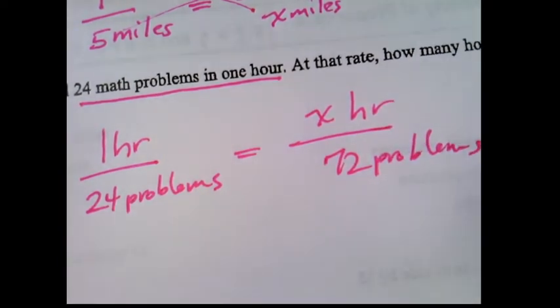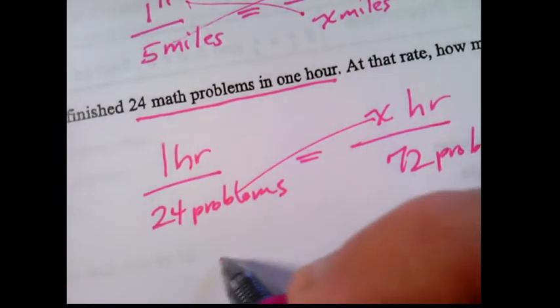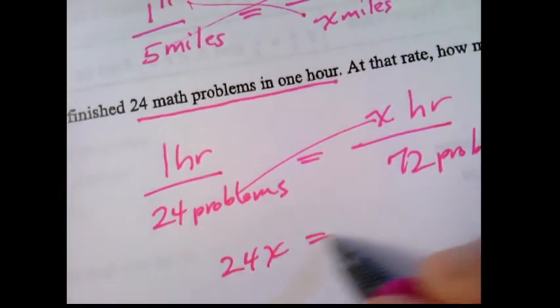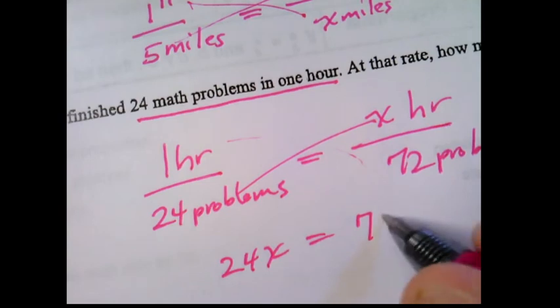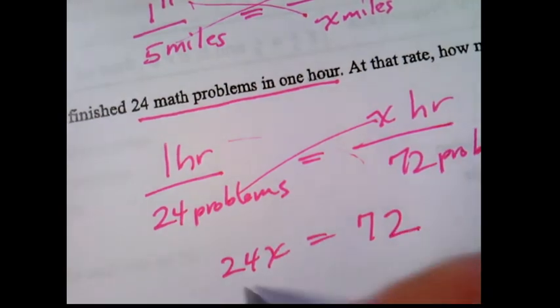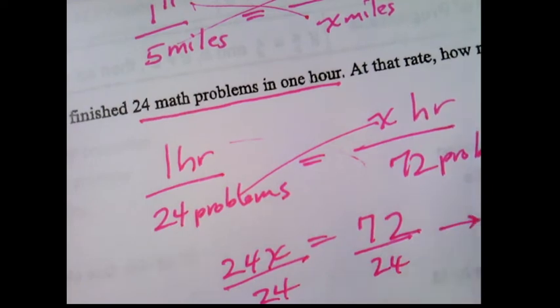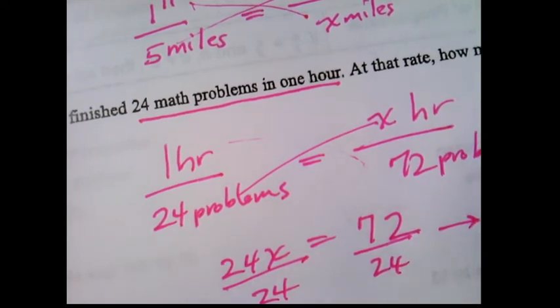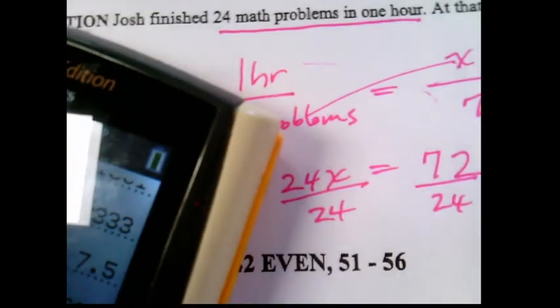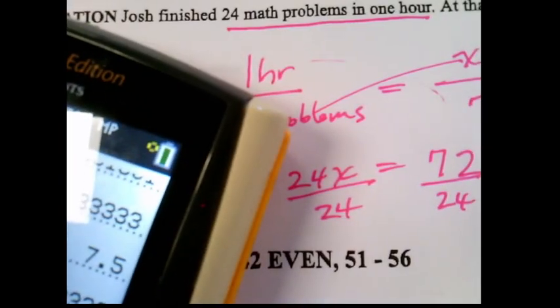Okay. So if I cross multiply, I get 24x is equal to 72. And then if I divide by 24, I get x is equal to, I believe it's 3. Let me double check here. Yeah, 72 divided by 24 is 3.